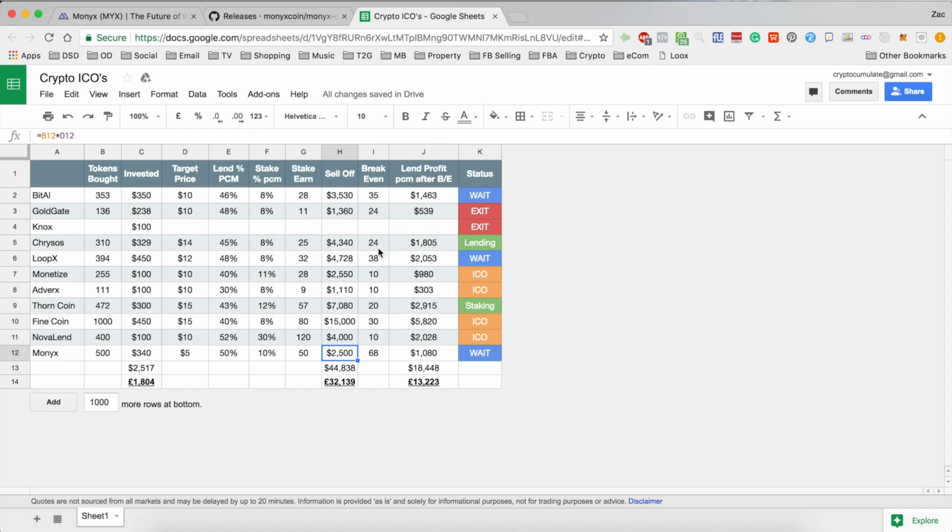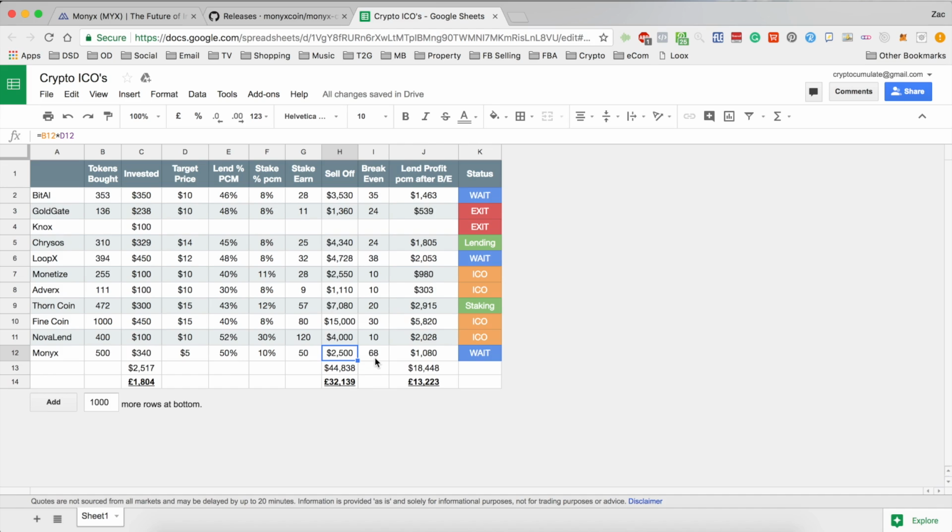In order to break even, so to get back the amount that I put in and leave me with just sort of house money, so that I've got no skin in the game, as it were, I would need to sell off 68 tokens at this price to get back my $340.